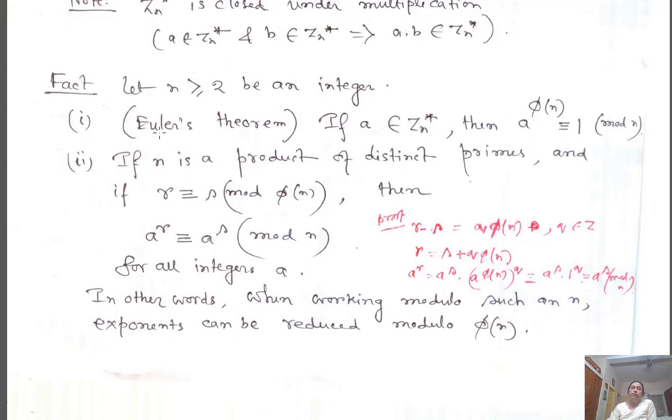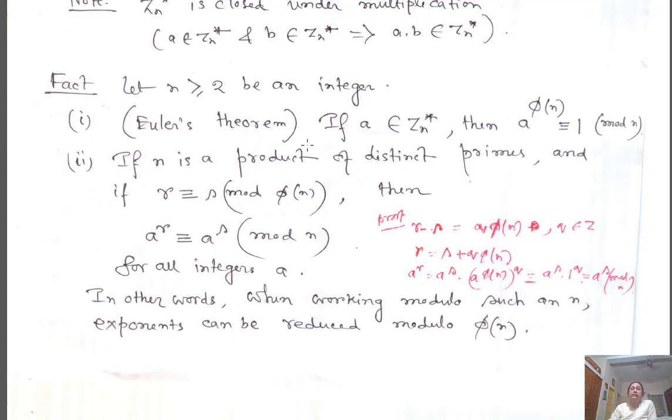Okay. So this is the generalization of Fermat's little theorem. Fermat's little theorem states that if A is co-prime to n, where n is any prime number p, then A to the power p minus 1 is congruent to 1 modulo p.